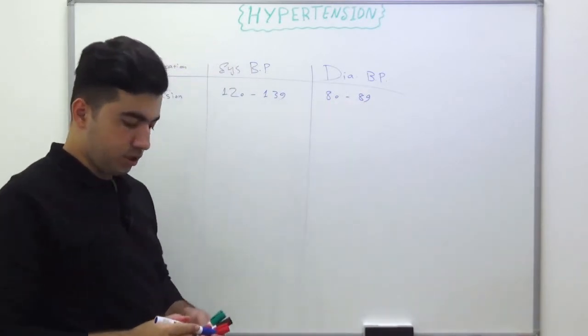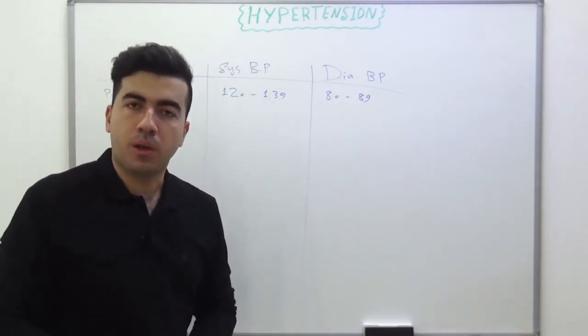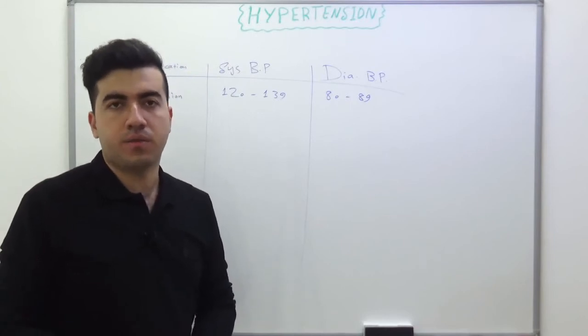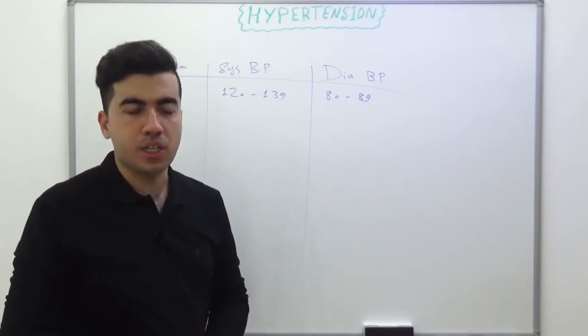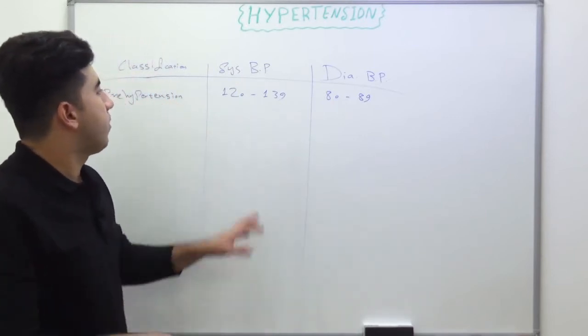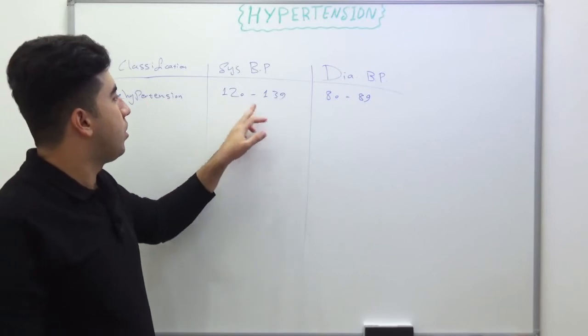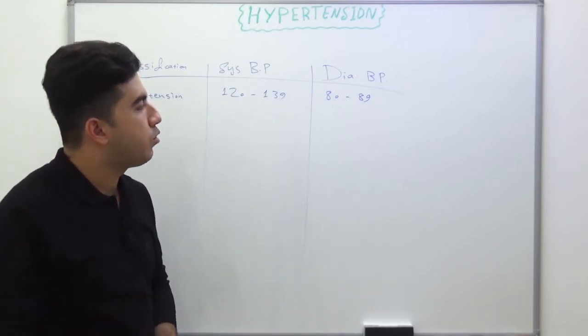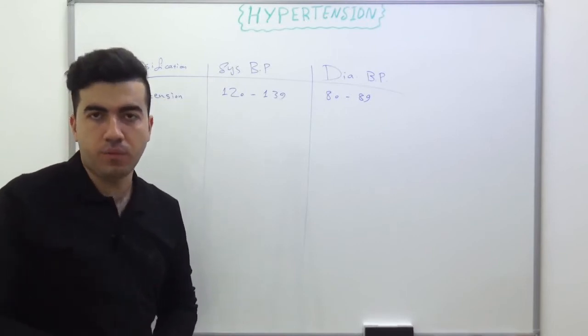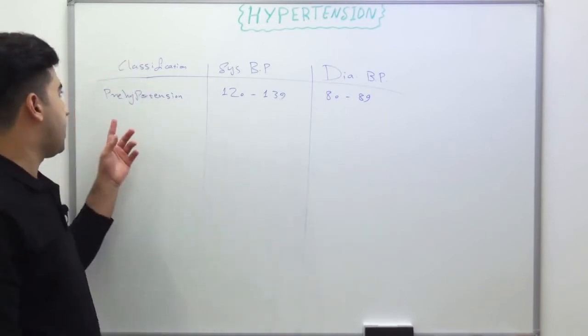Because hypertension is a global problem with very common, serious and dangerous complications, even someone with a blood pressure of 120 to 139, which is still less than 140, and 80 to 89 for the diastolic value, is regarded as prehypertension.